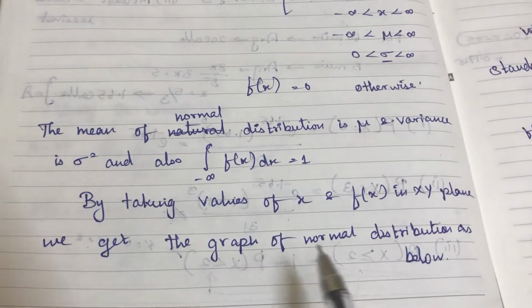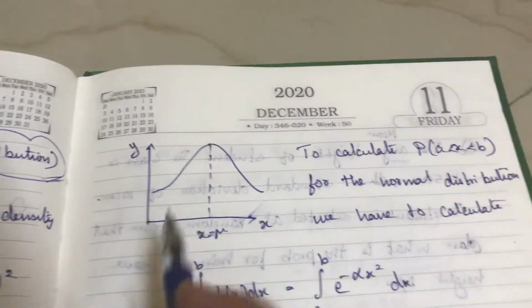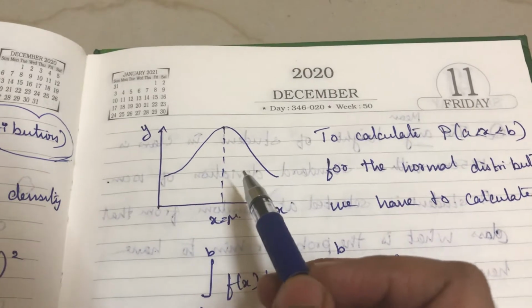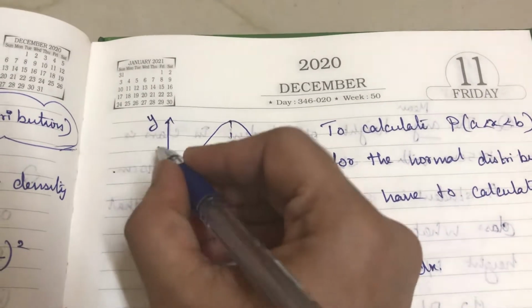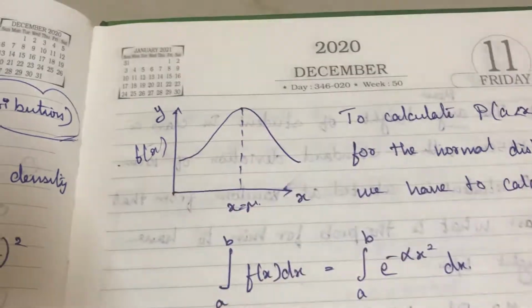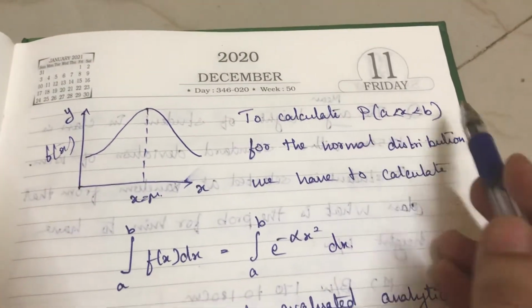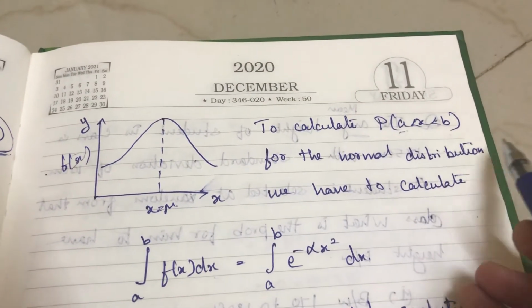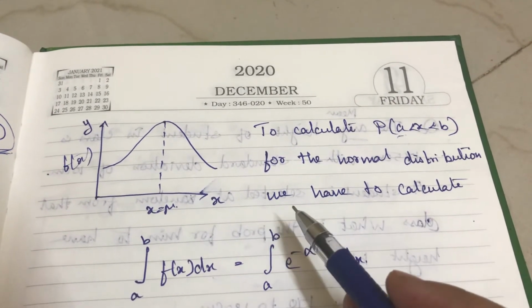By taking values of x and f of x in the xy plane, we get the graph of the normal distribution as shown. You can see here, you will get the curve like this. To calculate the probability, they have given some limits a to b for the normal distribution.